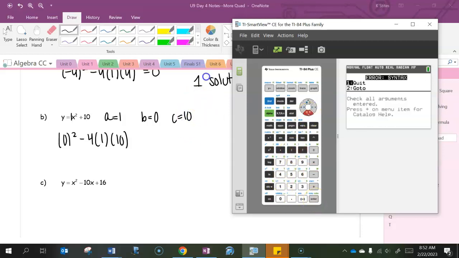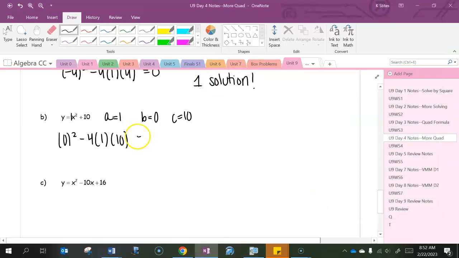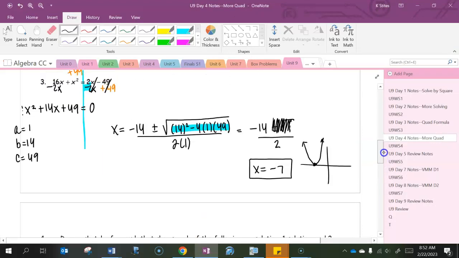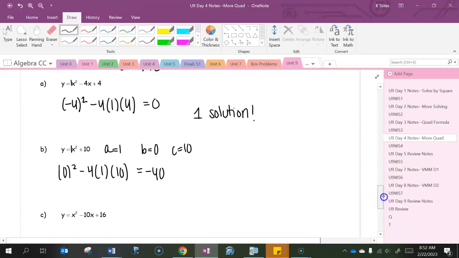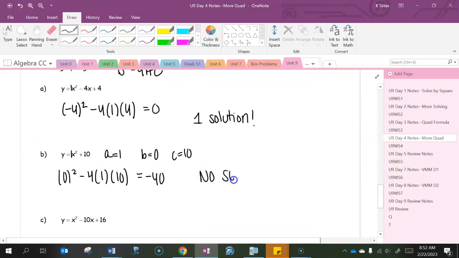This gives us, oops, an error, a negative 40. So think about if you have a square root over a negative 40, what does that mean? And we had one like that as well. Square root of a negative is no solution. So it doesn't matter what number it is, as long as it's negative, we know it's no solution.